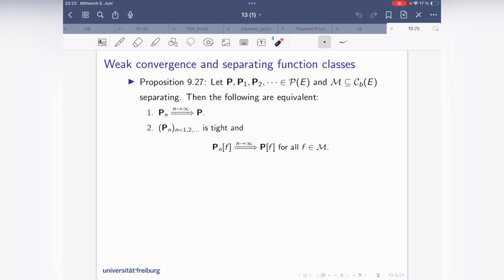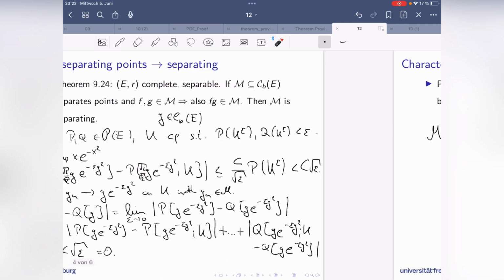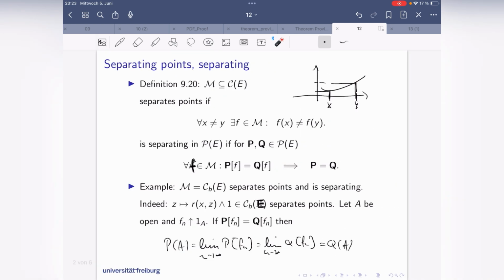First, we need to find a connection between weak convergence and a separating class of functions, which you might remember from the last video. So just to recall, a separating class of functions was like this here.